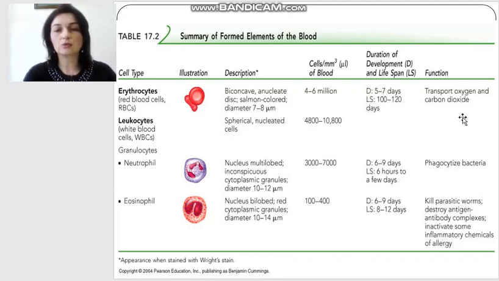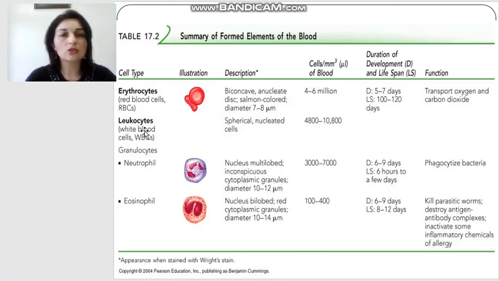The lifespan of erythrocytes is approximately 120 days. Then they will express specific oligosaccharide molecules on their surface, and they will be phagocytosed by the macrophages of the spleen. Then they will be replenished by a new population, which will be formed inside the bone marrow.